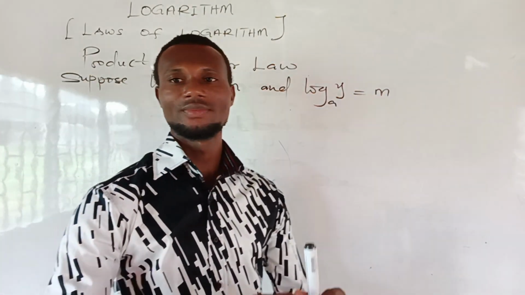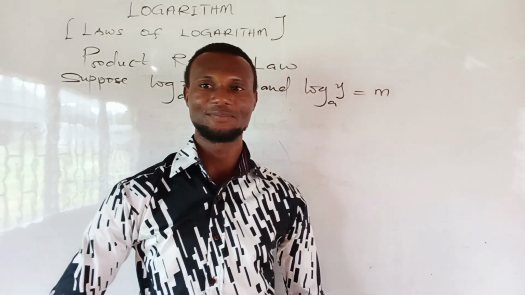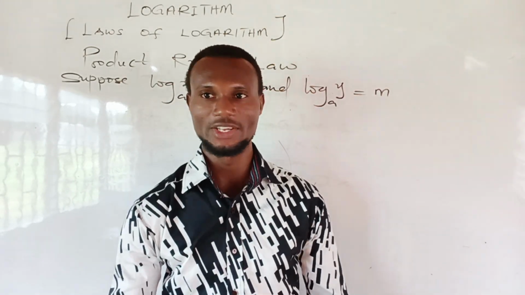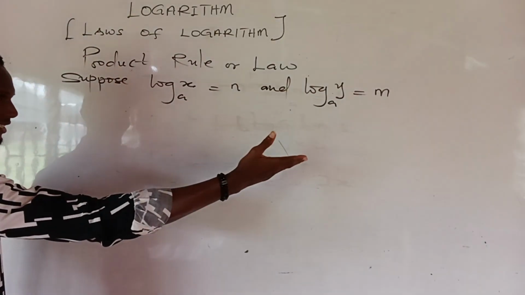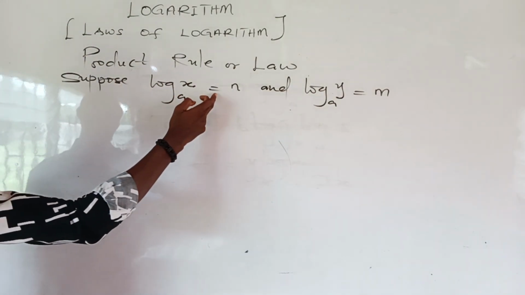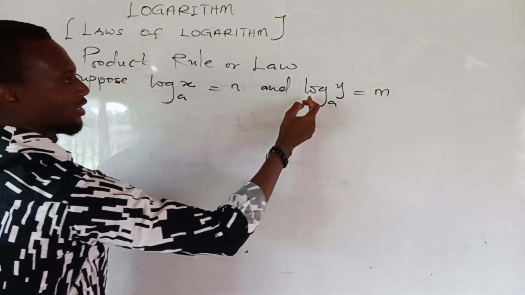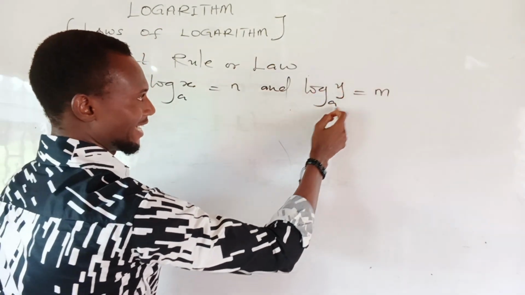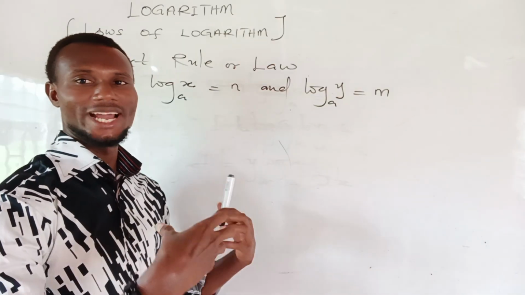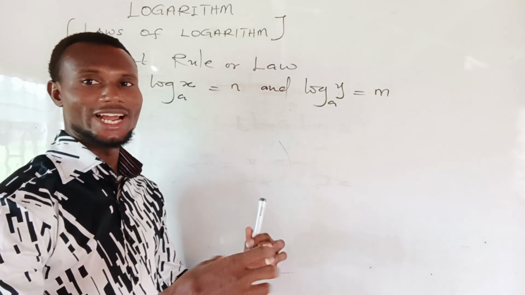We want to establish the product rule of logarithm. We are just supposing this. So having log s to the base a equals n and log y to the base a equals m, we are going to use it to establish the product rule.